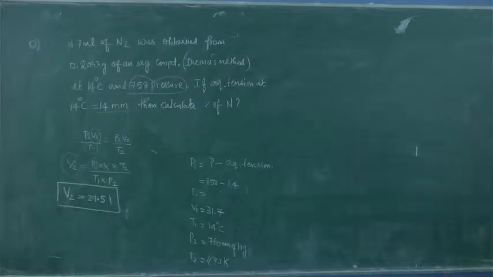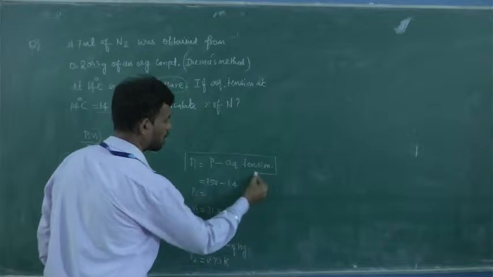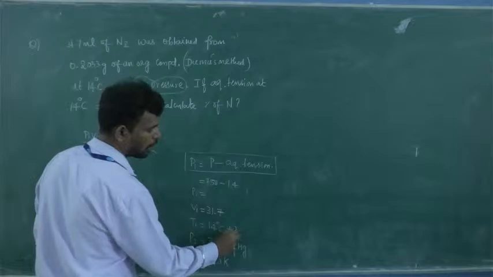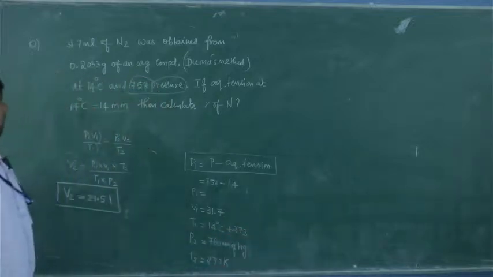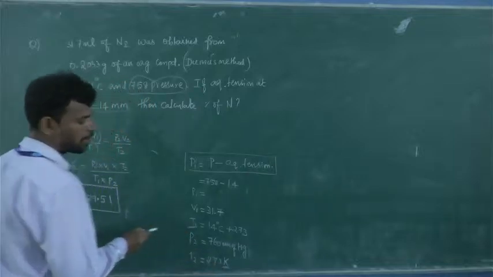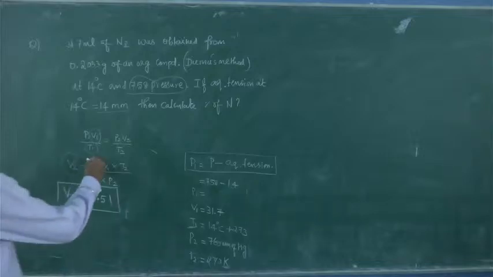Approximately. So next we have to calculate the V2. The only thing you have to remember is this point, the rest are easy. You convert this one into Kelvin. You add this one. Is it clear? Because this also is in Kelvin. This also you have to convert into Kelvin. Is it clear?